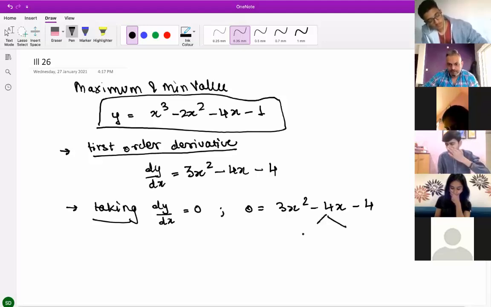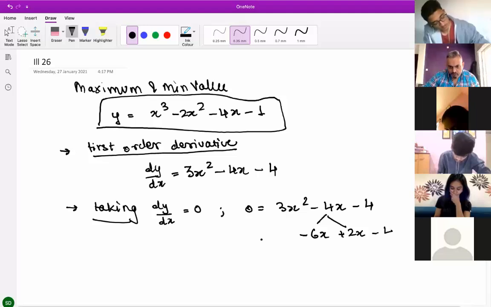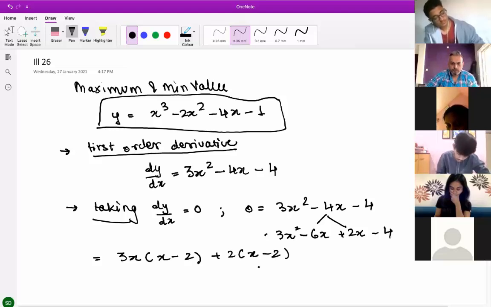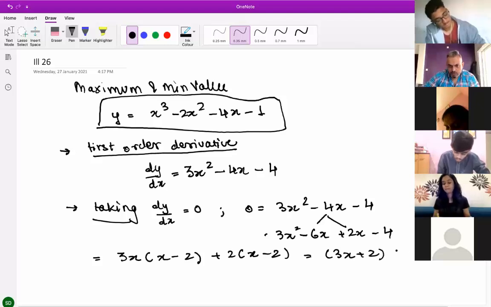So 6 2s are 12, we can take minus 6x plus 2x minus 4 and over here 3x square. So we take 3x common, x minus 2, plus 2 common, x minus 2. So what we get is 3x plus 2 and x minus 2 is equal to 0.